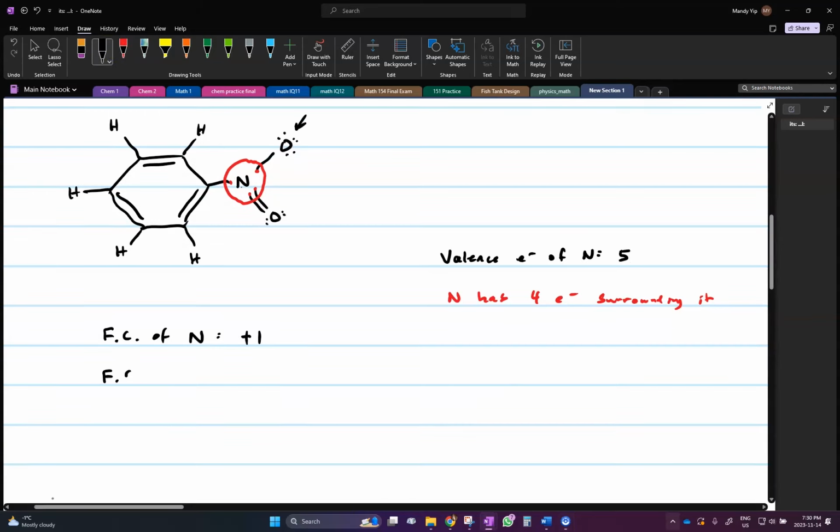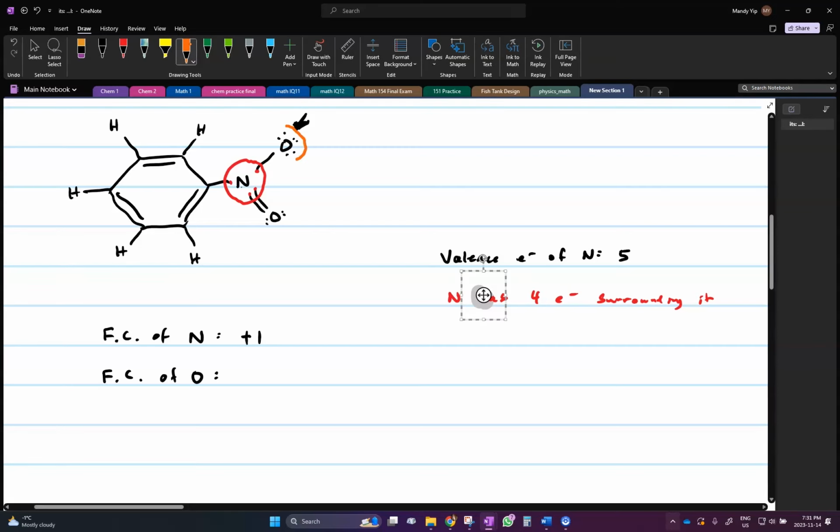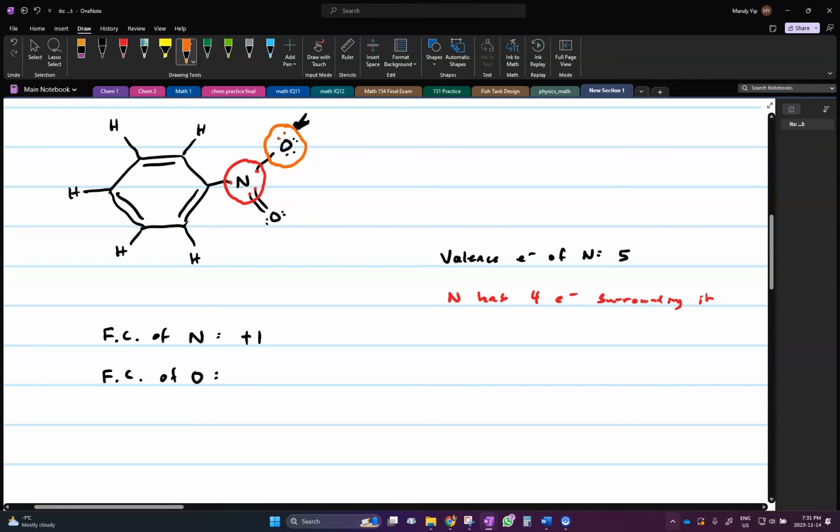Let's look at the formal charge of O. So this O here. Again, we're going to do the same thing like we did for nitrogen. We're going to look at the electrons immediately surrounding it. So I've got 1, 2, 3, 4, 5, 6, 7.